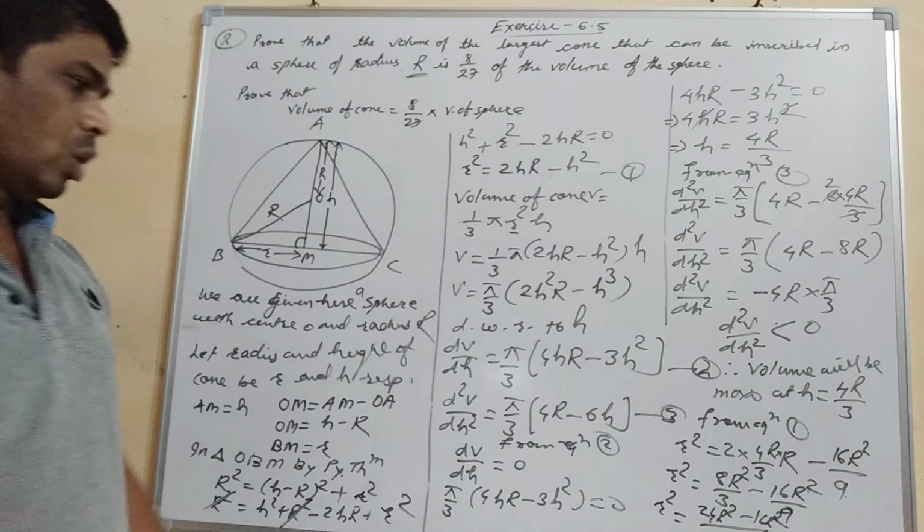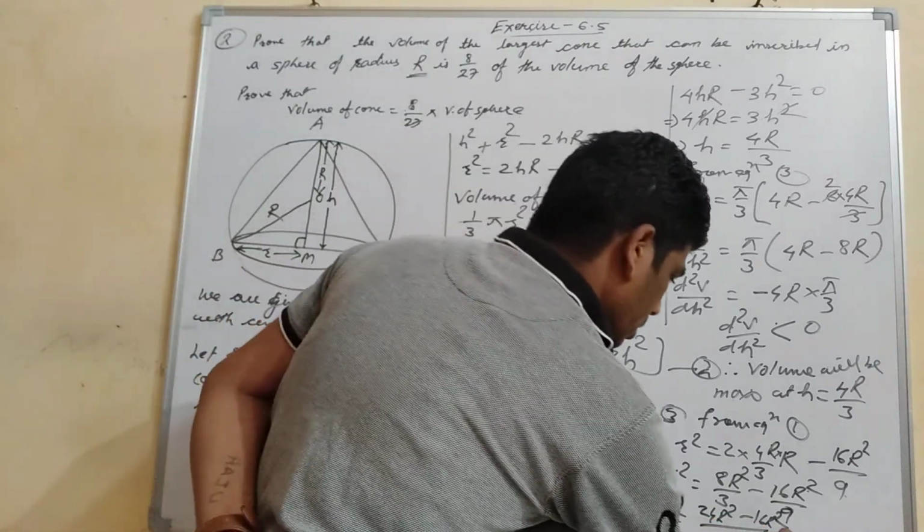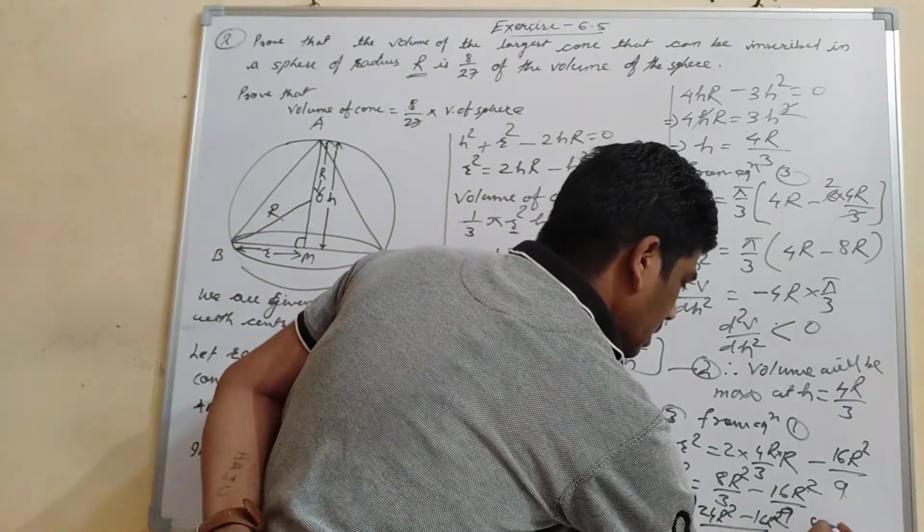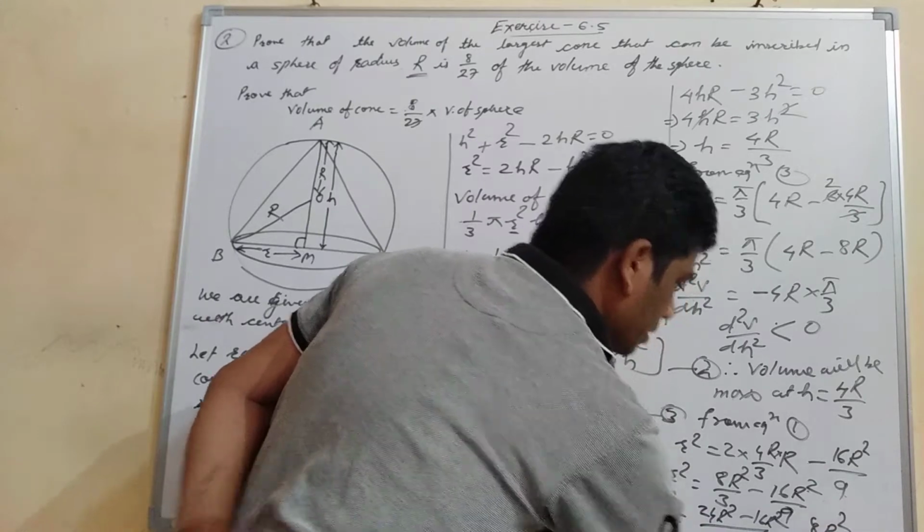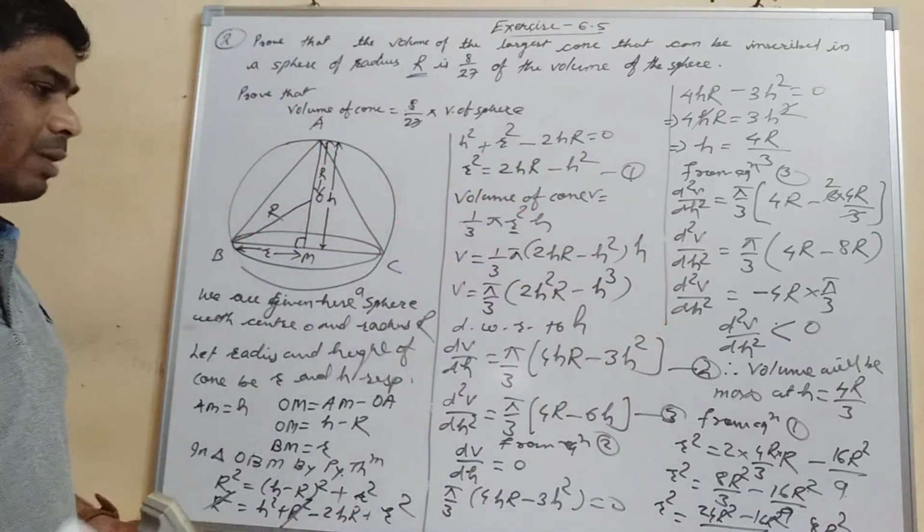Okay, so which means we will get here 8R square upon 9. 8R square upon 9, that will be r square.